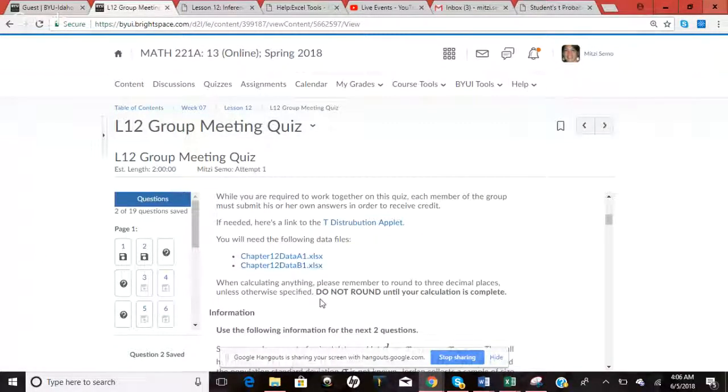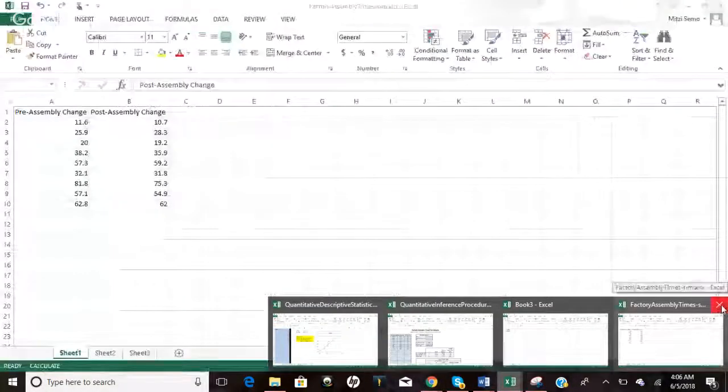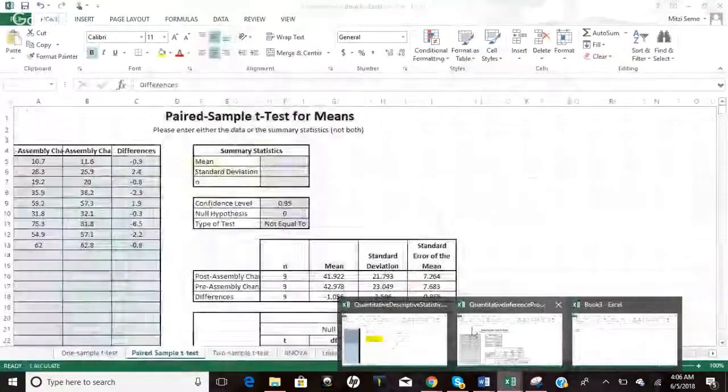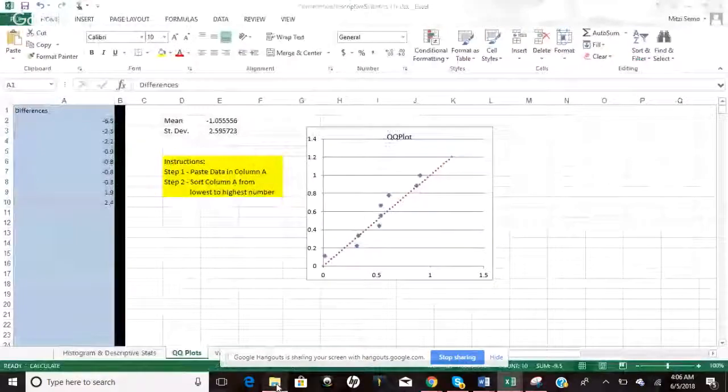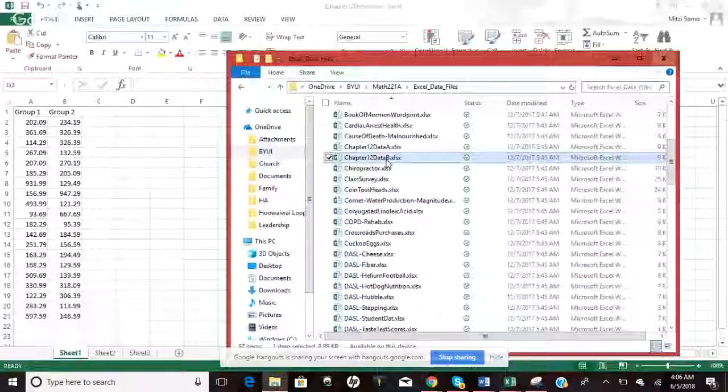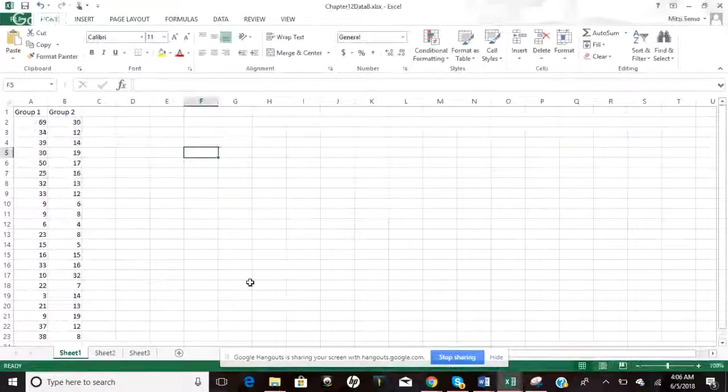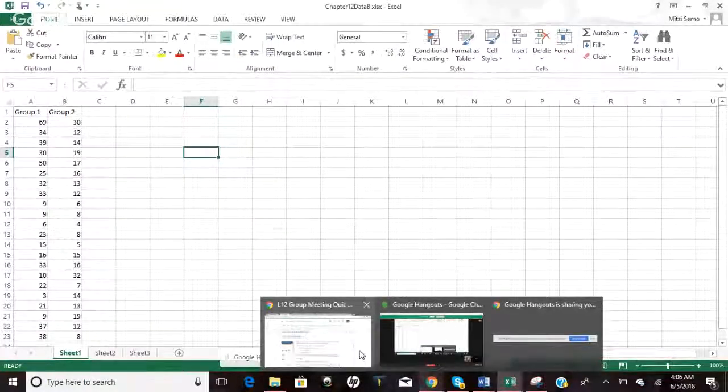We need the following data, chapter 12 data A1 and chapter 12 data AB. Let me pull those up. The first question doesn't even have to do with the data.